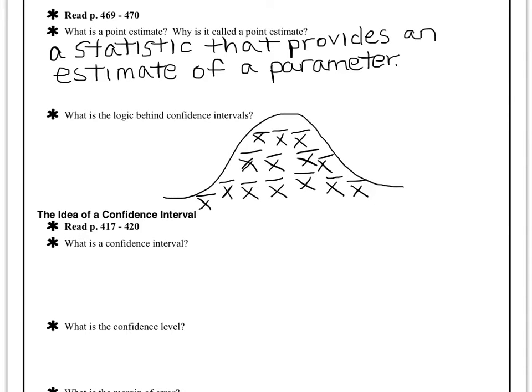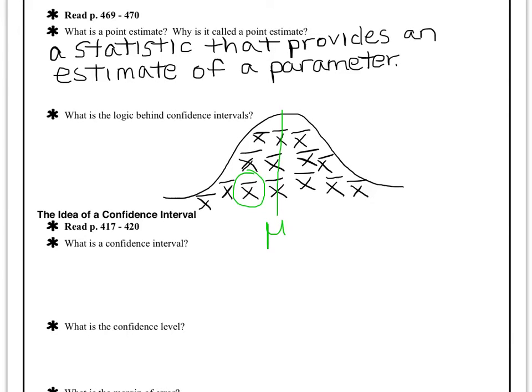All the information I have is about one of these X bars, so maybe this one right here. But based on the sampling distribution, I know a couple things. I know for one that the population mean is here in the middle, because the population mean is equal to the mean of all the means.